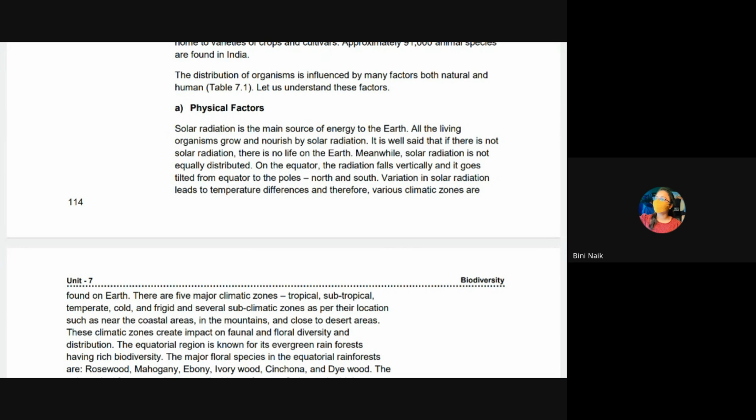The temperate and subtropical regions have different types of organisms too. For human habitation, the temperate and subtropical regions are well suited, because the climate is very moderate and provides better places to live in. So these are the physical factors: soil, which can be considered an adaptive factor, topography or physiography, and climate.